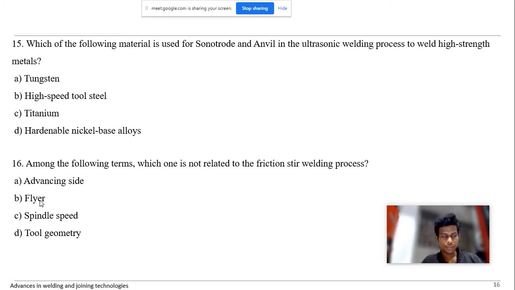Obviously, flyer is used in explosive welding, right? The flyer substrate combination and also detonator are used. So this flyer will come in explosive welding.